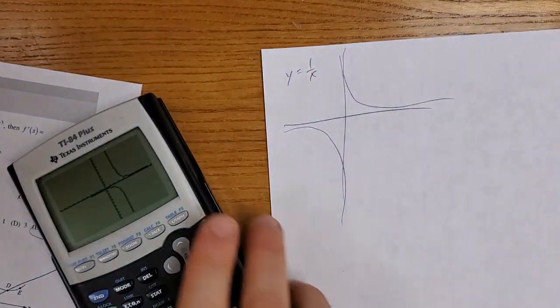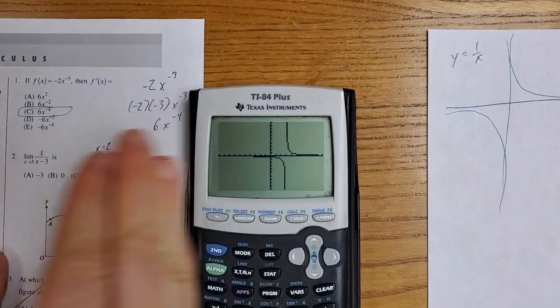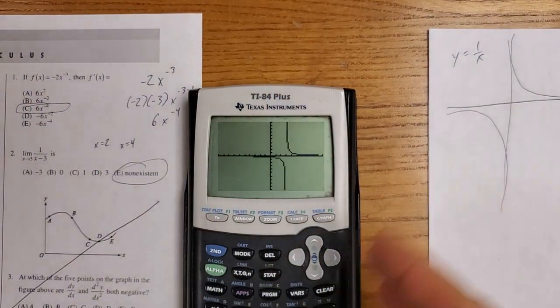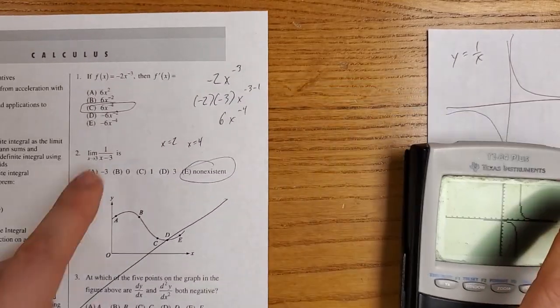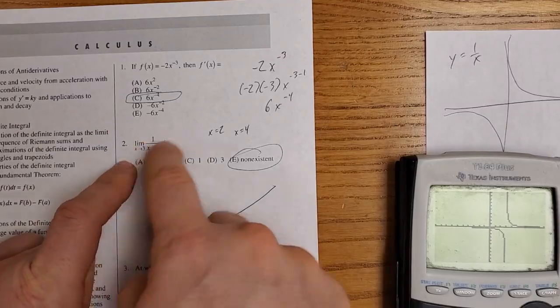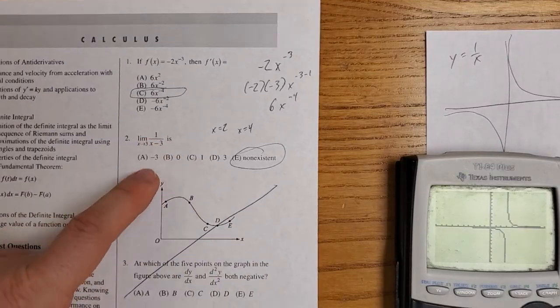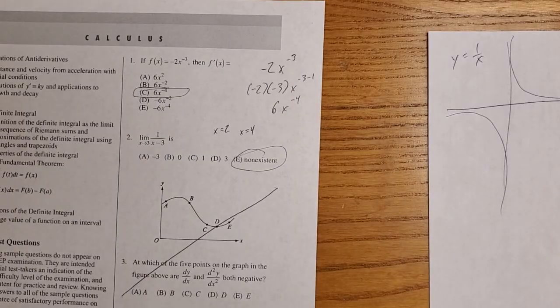It's just y equals 1 over x moved over to the right by 3 notches, which is what you get when you take an x and substitute it with x minus 3. You're just taking the whole thing and shifting it over. So that's how that works.